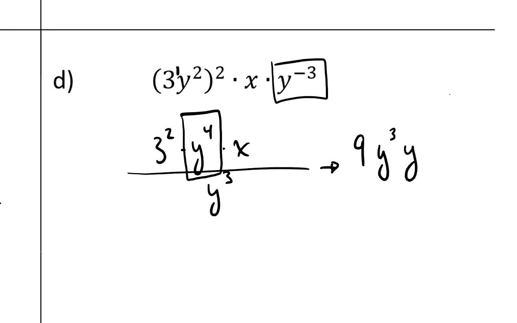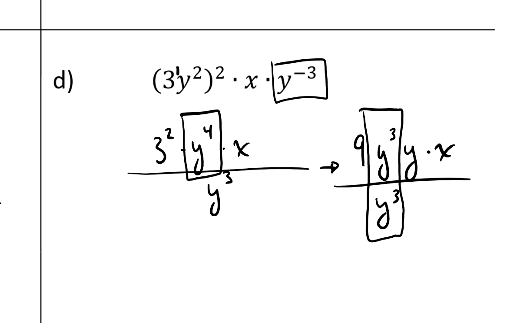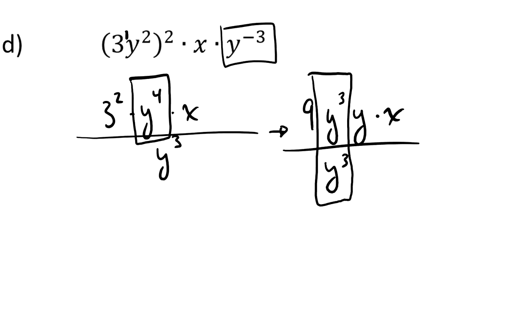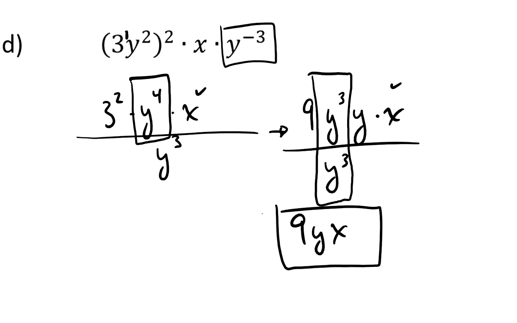The reason I wrote that is because in my denominator I have a y cubed, and I can clearly see here is a giant 1. So those are common factors that I can eliminate. I'm left with in my numerator 9 times y times x, and I did sneak this factor of x over here. So 9yx or 9xy is the simplified version of that expression.